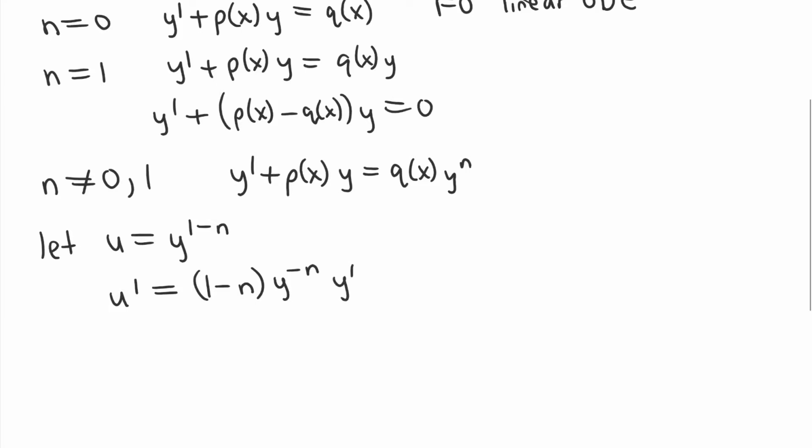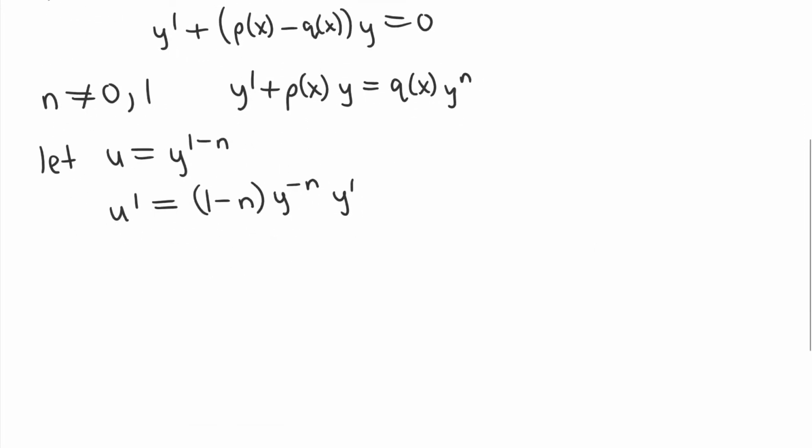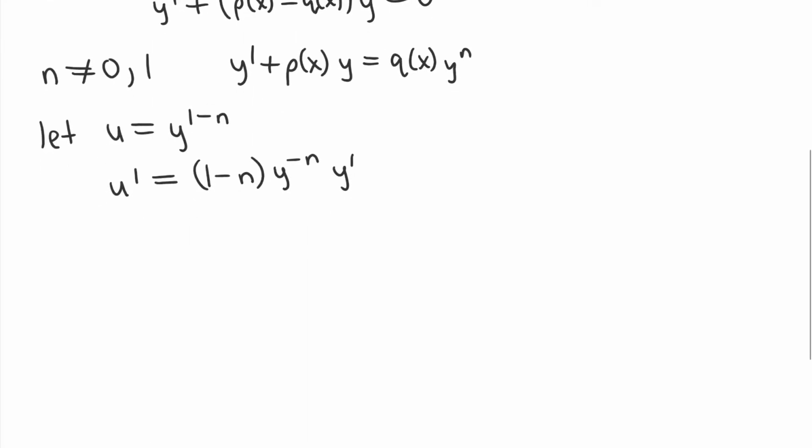And so notice here, now I could use these equations and transform it and then plug them in to make this an equation of u. But there's another trick that we can do, which is dividing this equation by y to the n on both sides. So that's what I'm going to do.